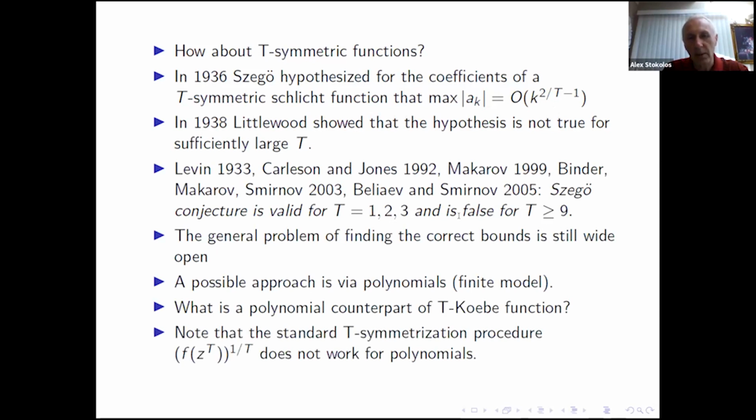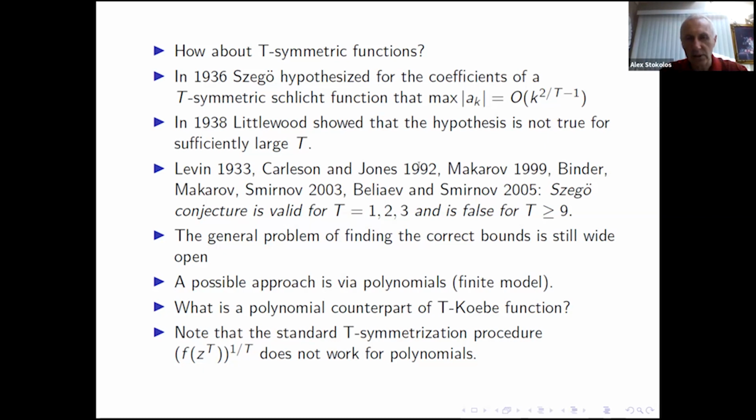And our approach tries to project the situation onto the space of univalent polynomials and see maybe we can do something better, because in this t-symmetric case there is no meaningful conjecture, no constant, no estimates even for the second coefficient, for any coefficients.